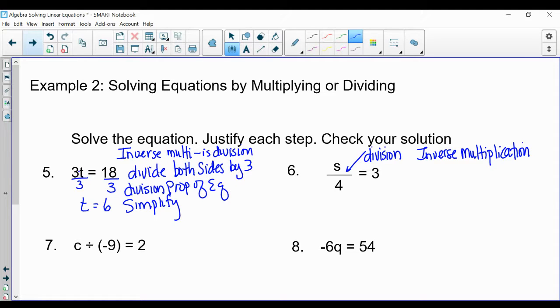I'm going to multiply whatever is in the denominator, because the variable is in the numerator and I need to get the variable by itself. So 4 is in the denominator, so I'm going to multiply both sides by 4.